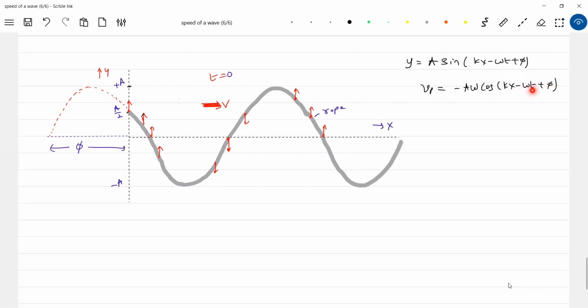Put t equals 0, x equal to 0. I should get positive, no? The velocity is positive. So cos 30 degree will be positive, so I need more phase, so that the cos becomes negative and then this becomes positive. Definitely this phase angle should be more than pi by 2 and less than pi. But how to get that value? Or shall we write omega t minus kx?